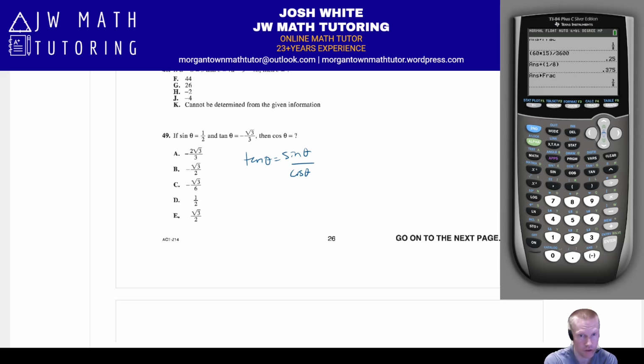So if you rearrange this, you get cosine is equal to sine over tangent, or in other words, 1/2 over negative root 3 over 3. You could do this on the graphing calculator, but I'm going to show it to you by hand. It's 1/2 divided by this, which means when we flip, the 3 goes to the top and the negative root 3 goes to the bottom. So we get negative 3 over 2 root 3 on the bottom.